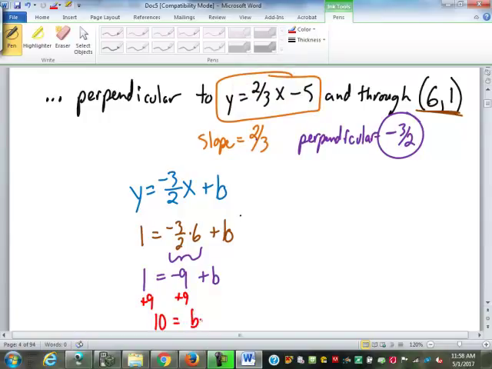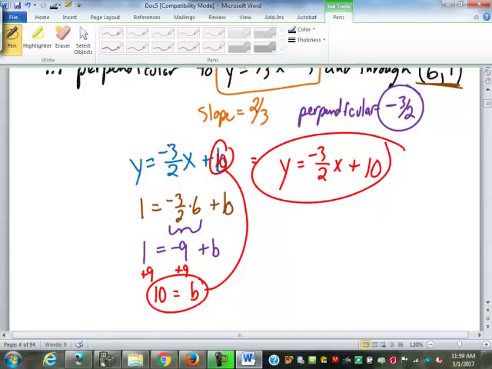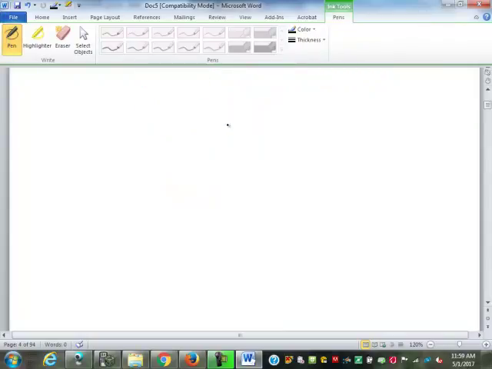So 10 equals b. So again, we go up to this equation here and replace b with 10. So y equals negative 3 over 2 x, instead of just plus b, it's plus 10. So very similar to what we did last week, only we have to pick the slope out of the equation.